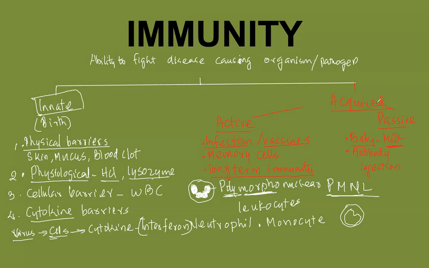So this is from an outside source. So what do you call it? Acquired. Why is it passive? It's temporary. It only lasts for some period of time. It doesn't last for the whole lifetime. So acquired is of two kinds, active and passive. Active lasts for the whole lifetime. Passive lasts only for 2 to 3 months at the most.